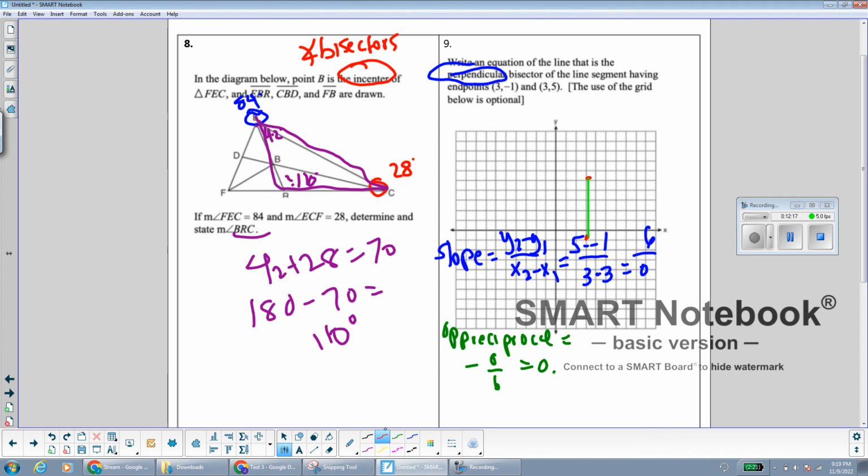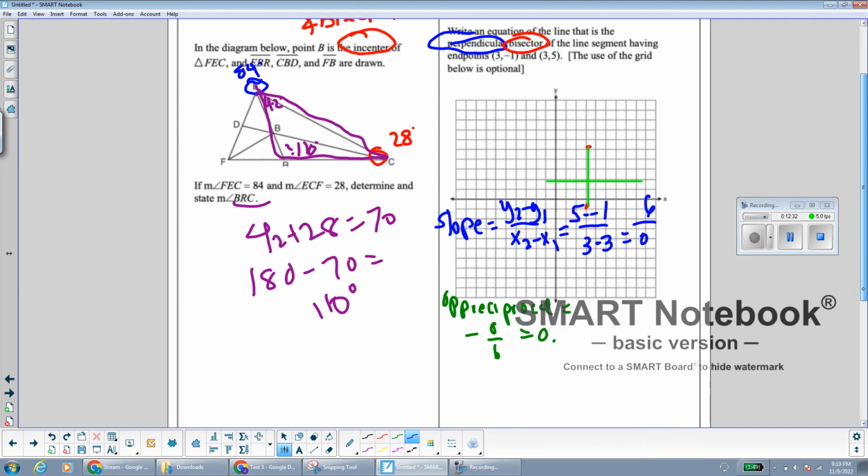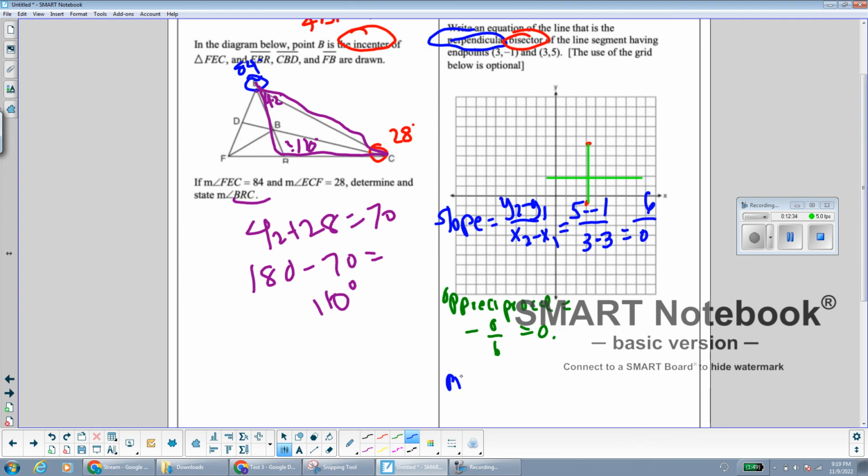Okay. Not only is it the perpendicular line, it's also a bisector of this line segment. So that means it passes through the midpoint of this line segment. To easily find the midpoint, I can do the midpoint formula, which is the average of the x coordinates, comma, the average of the y coordinates.